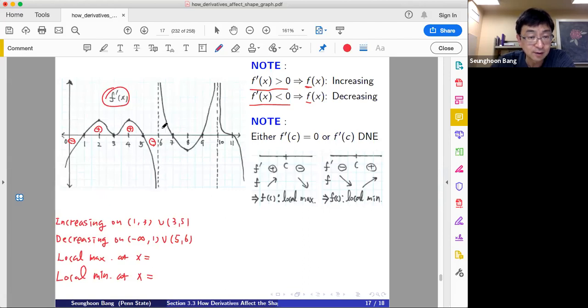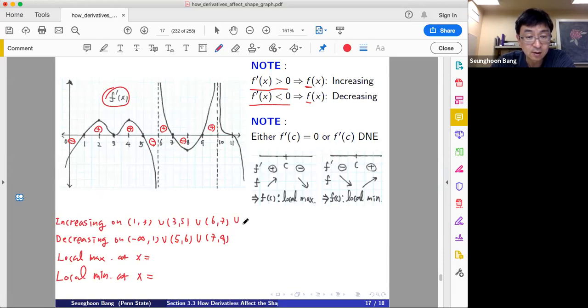From 6 to 7, positive, so we have increasing. From 7 to 9, below the x-axis, negative, decreasing. From 9 to 10, above the x-axis, increasing.